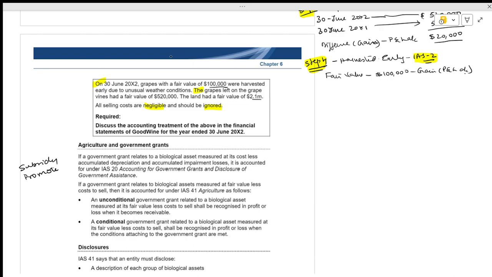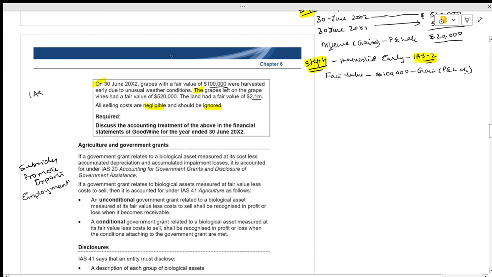They want to promote exports, and because of that there will be employment generation. Agriculture and government grants.